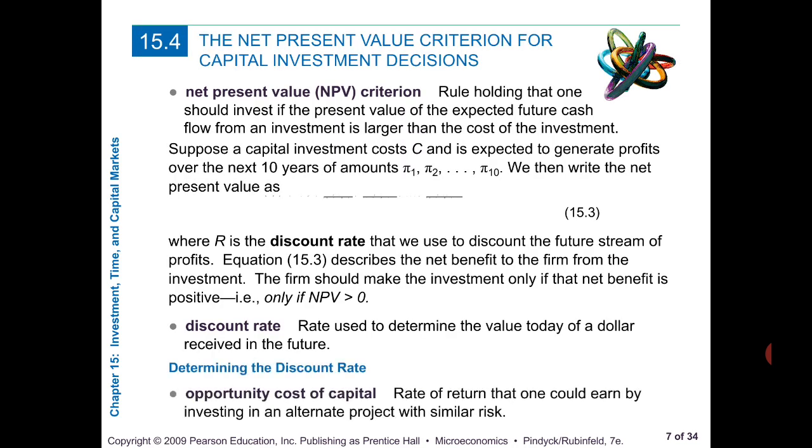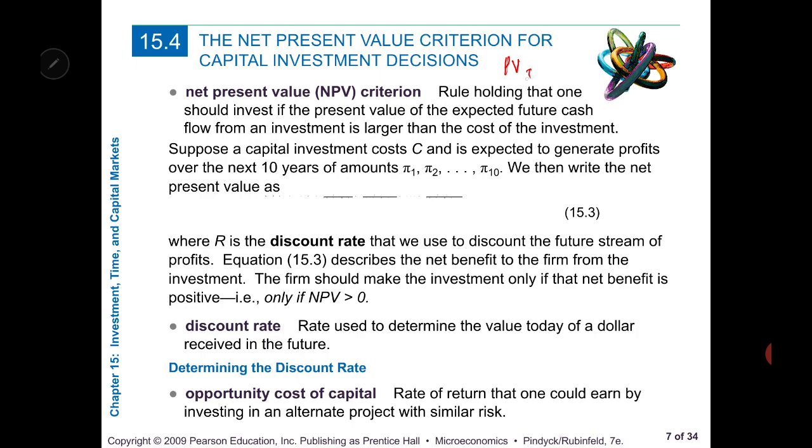So for 15.4, we go to the capital net present value criterion. Net present value criterion is very simple. Invest if the present value of the expected future cash flow from investment is larger than the cost of investment.